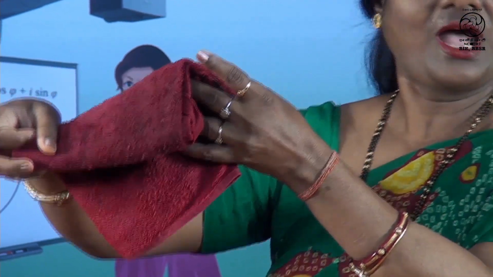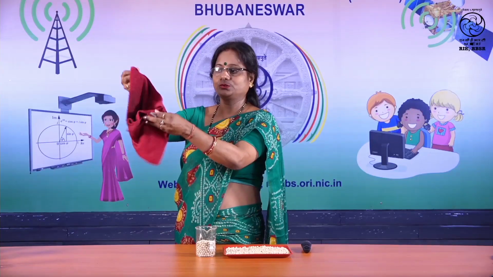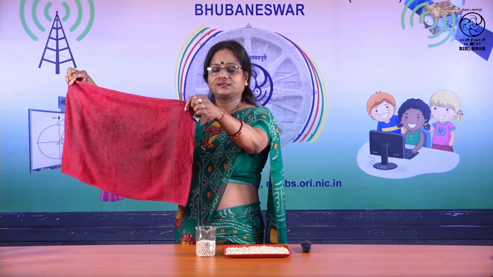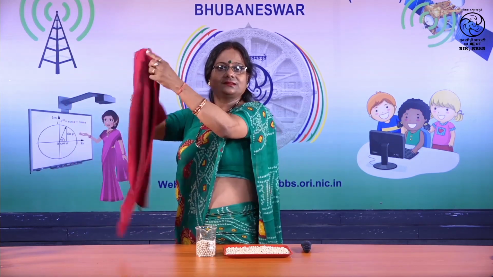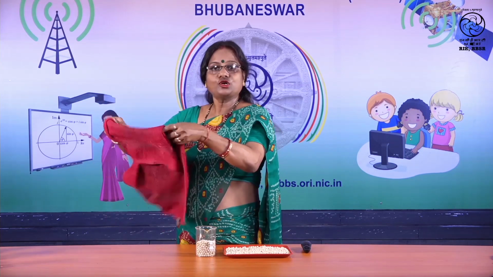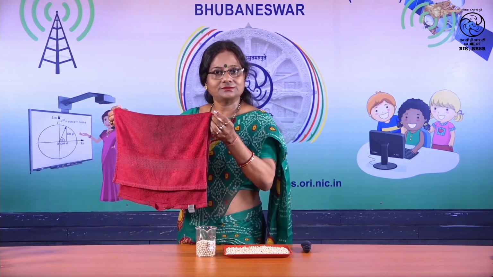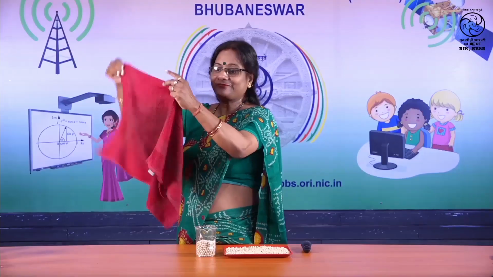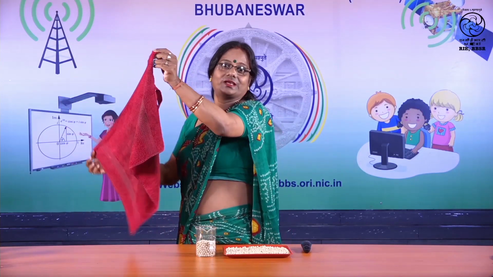Oh, I have an option. You can do one more thing. You can open this and hang it this way also. Which option is better? If I hang it this way, it is a better option.